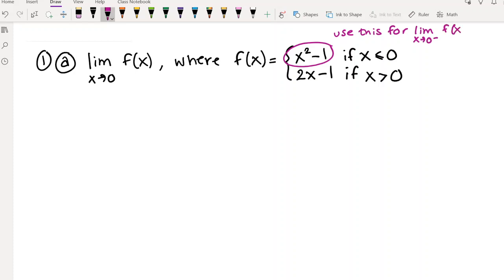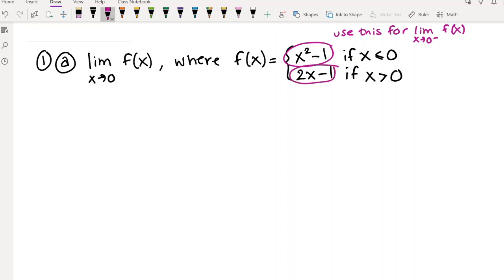So for the limit as x approaches 0 from the left, because this function is defined at 0, you could just plug 0 into this top equation, because this is the equation that you use when x is less than or equal to 0, so when you're on the left-hand side of 0.